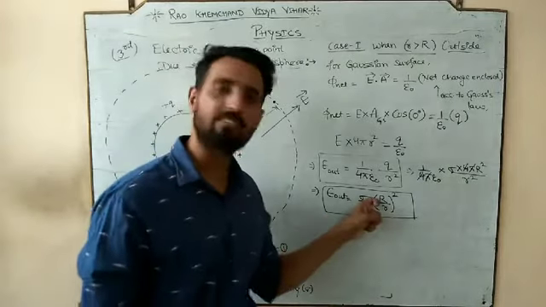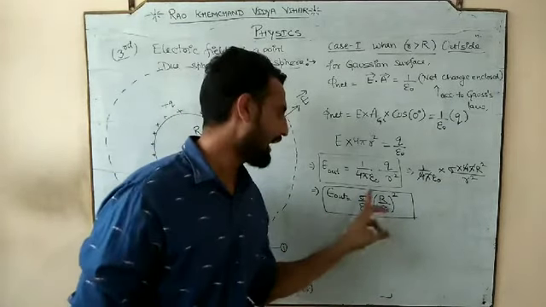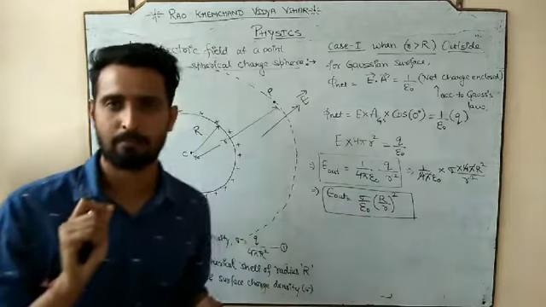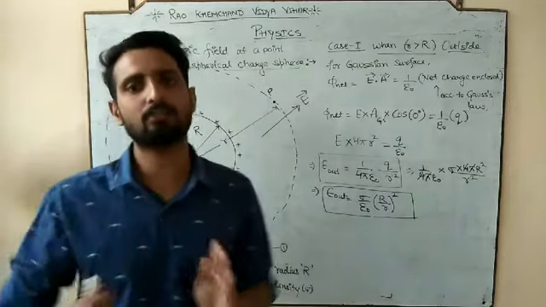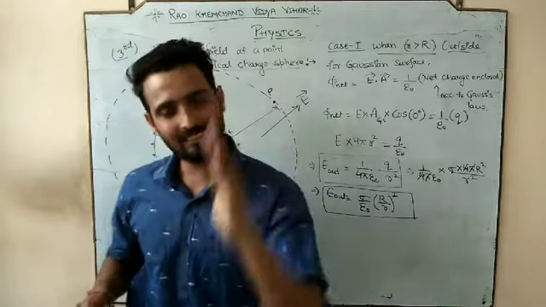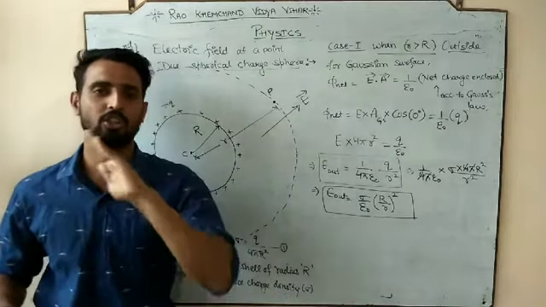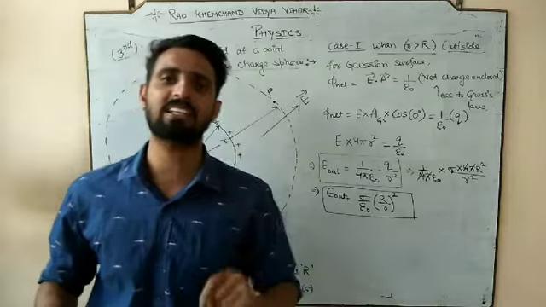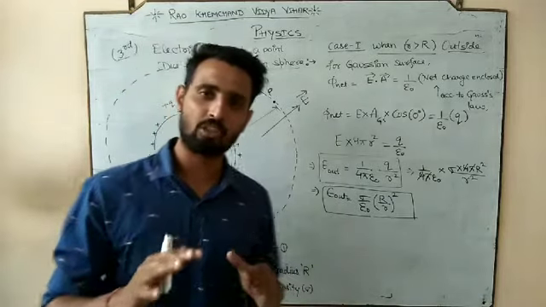I am mentioning only the sigma. So it becomes very important that you give your answer in the same manner in which the question is going to be asked in CBSE. That's why I'm focusing on that.